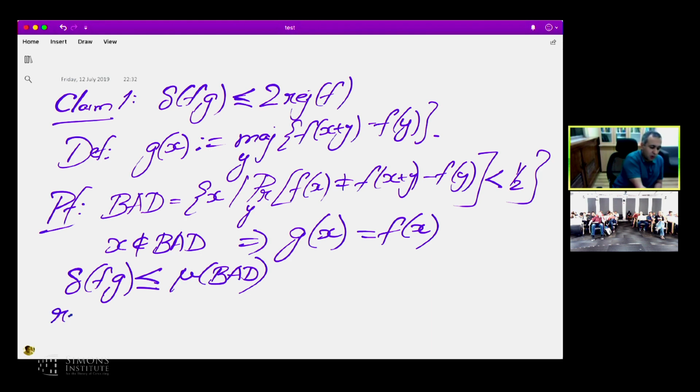Now what's the rejection probability of f? The rejection probability of f we know is exactly the probability that f of x plus y is not equal to f of x plus f of y.